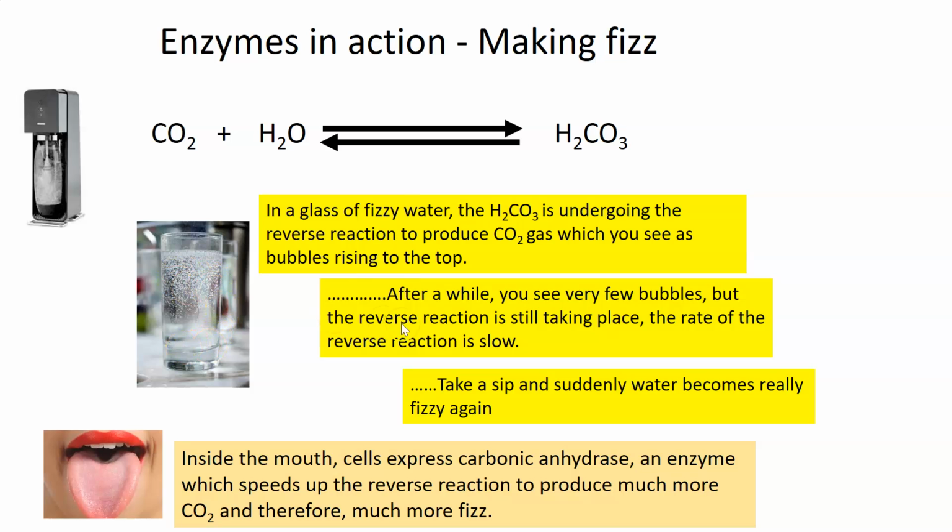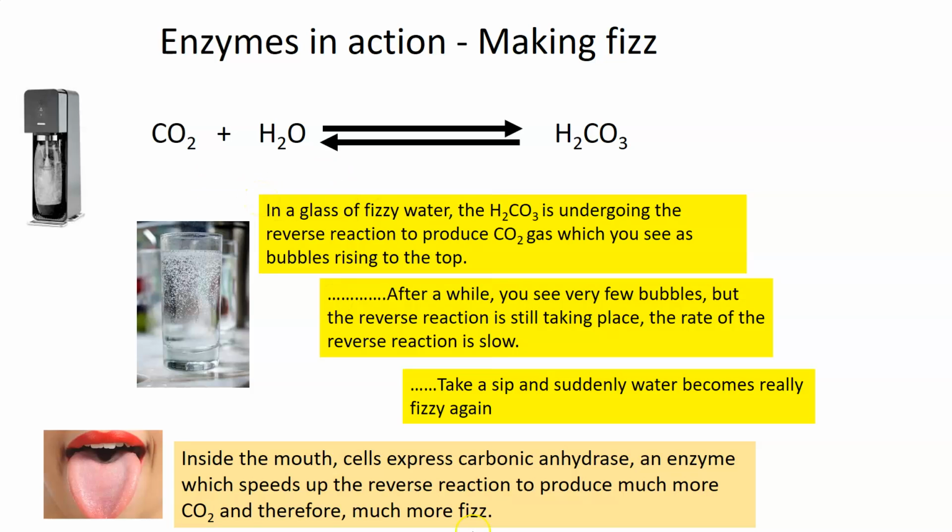After a while, only a few bubbles will develop and rise to the top. You see the odd bubble being produced at the bottom, on the sides of the glass, rising to the top. So in the beginning, when you poured the fizzy water into the glass, this reaction was really fast, but after a while it settles down, and this reaction starts to become slower.